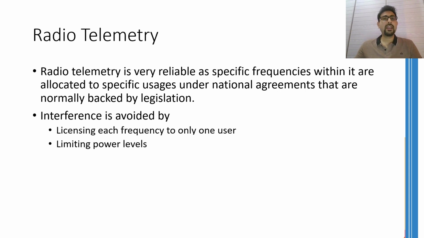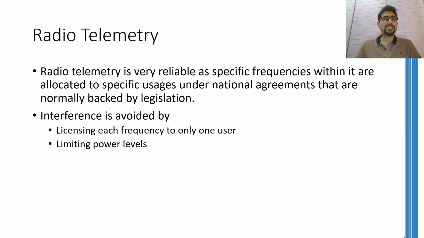Secondly, there is another way to avoid overlapping or interference of signals, and that is to limit the signals to a certain region only. You must have seen this for radio channels, because normally radio channels are limited to a certain province or a certain city only.